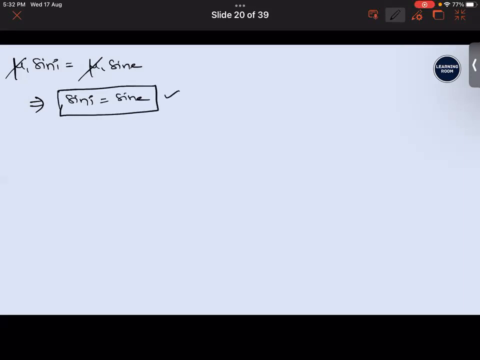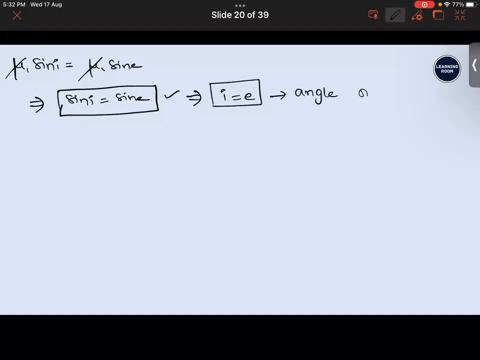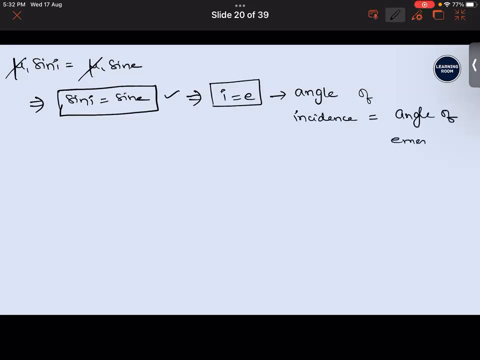So when sin I is equal to sin E, that clearly implies that I is equal to E, or the angle of incidence is equal to angle of emergence.